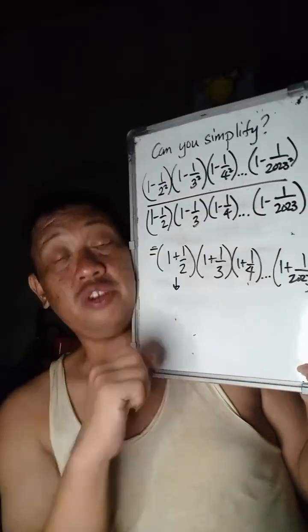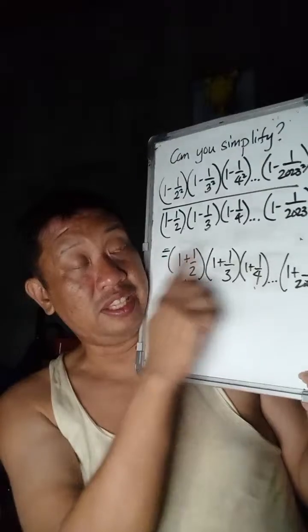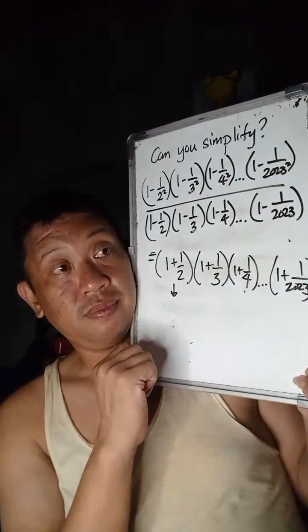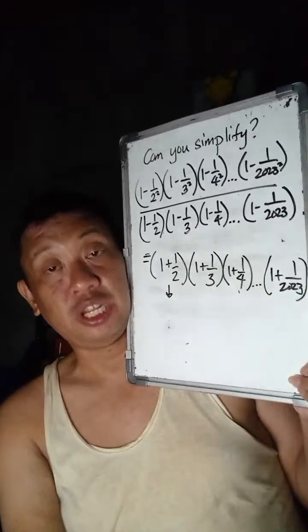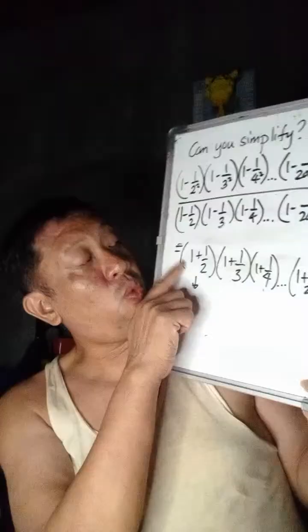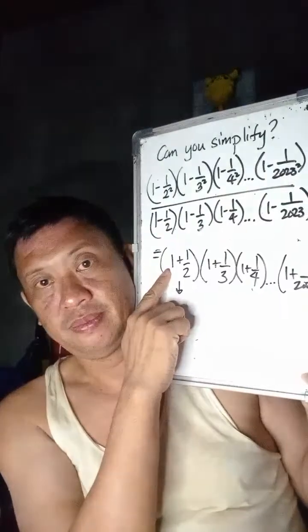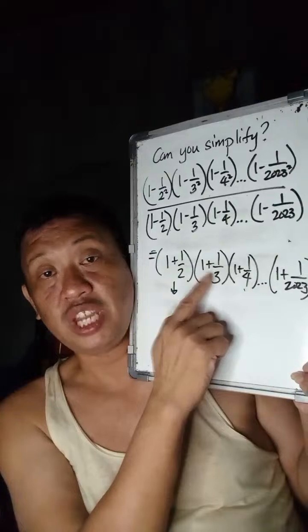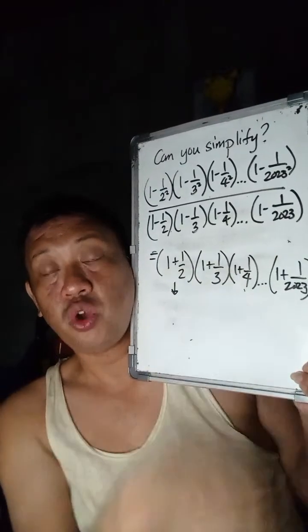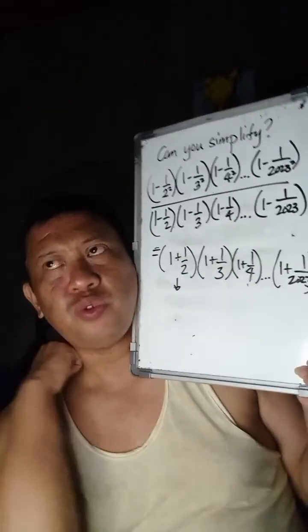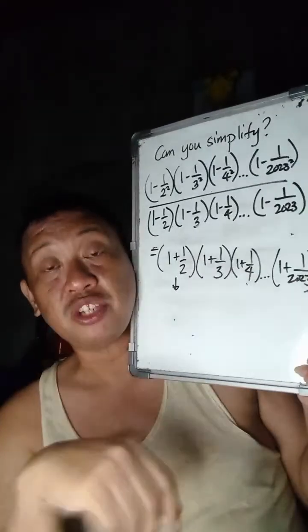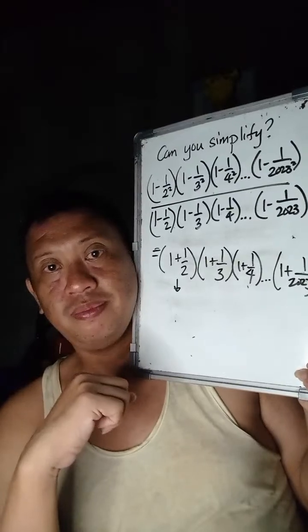The rule is that to add these, you have to make sure the denominators are the same before you add the numerators. But in this case, 1 is adjustable. 1 can be turned into 2 over 2, 3 over 3, 4 over 4, and so on. If you recognize how to convert a mixed number to an improper fraction, it goes with the same pattern.